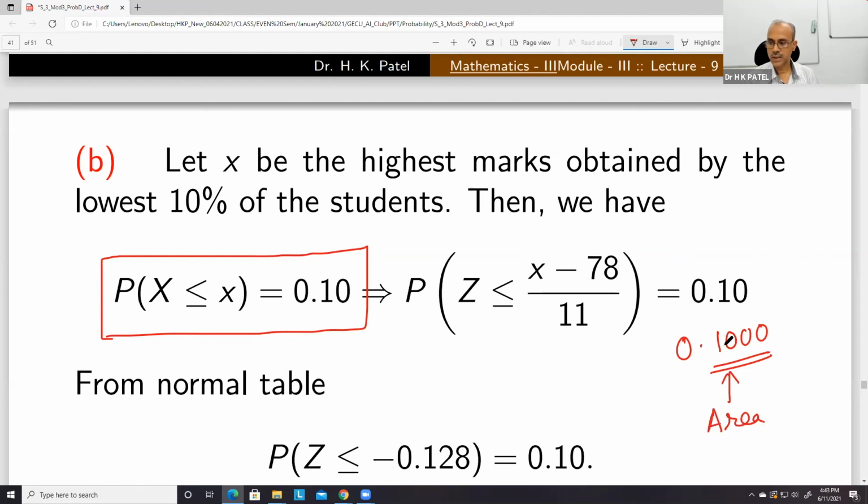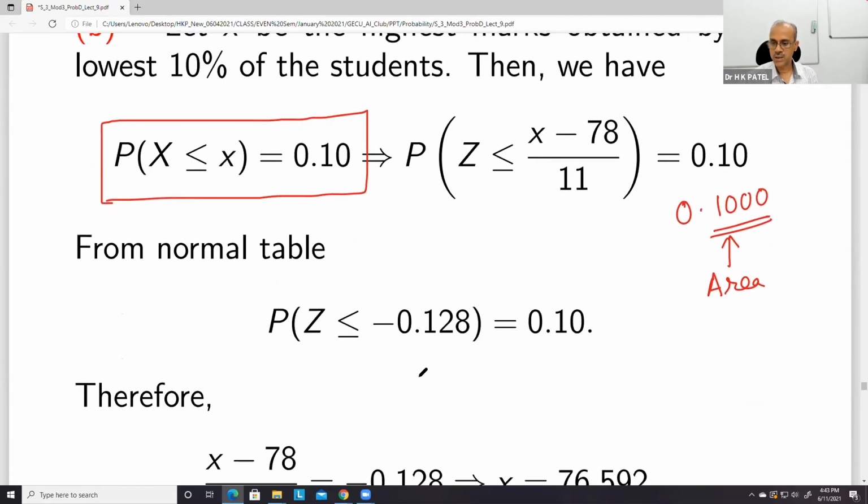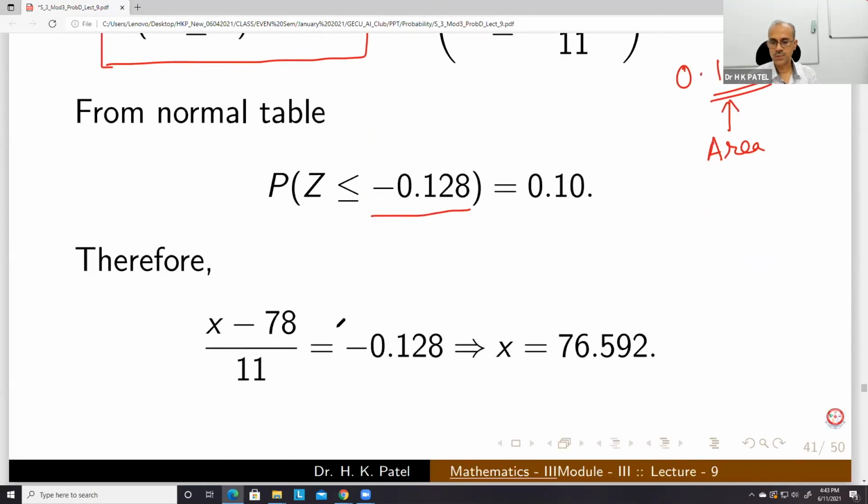You will not get exactly 0.1000 there, so choose the number nearest to it, and the z value corresponding to that number will be our z value. That is actually minus 0.128. So this is z1, and then just find x.